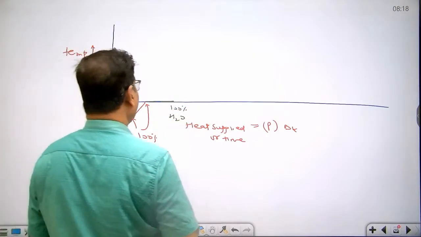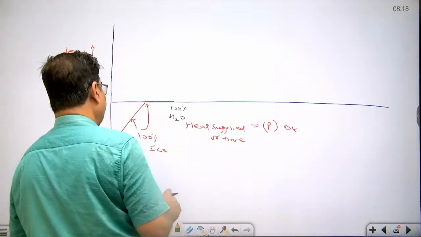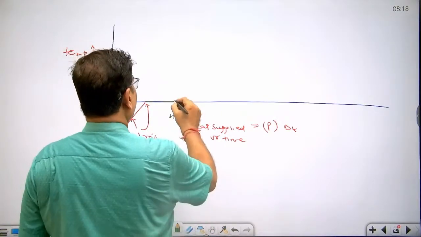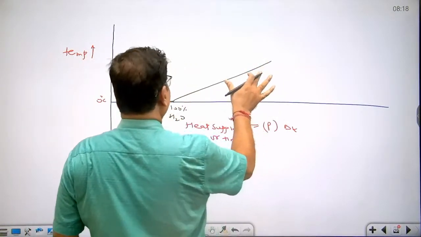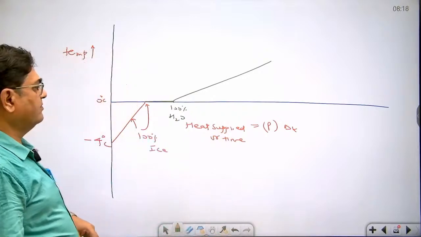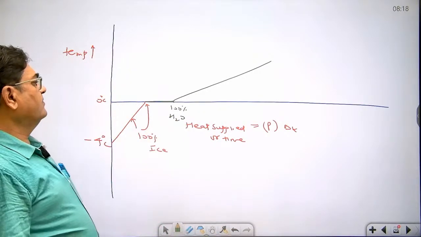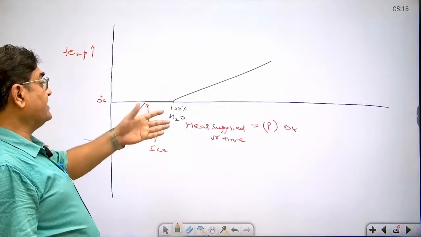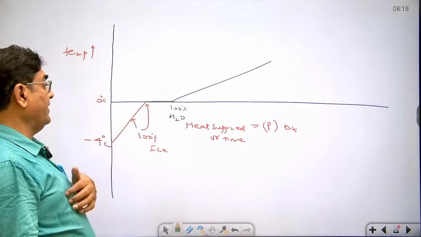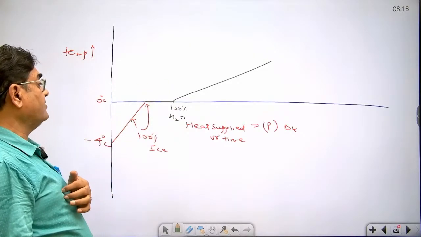Now again the temperature will increase. Here the slope of this curve is less than the slope of this curve, because the specific heat of water is more than the specific heat of ice. When specific heat is more, a greater amount of heat will be absorbed by the water to bring the same change in temperature.